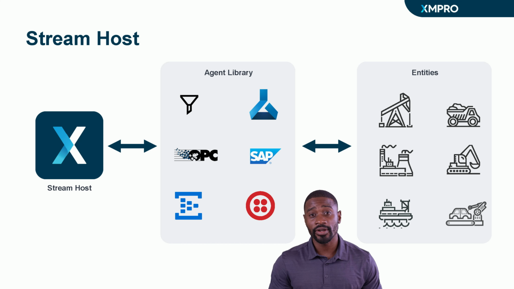For localized operations, stream hosts can be deployed as close to assets as required, ensuring real-time data processing right where it's needed. Stream hosts run the data streams designed in the Data Stream Designer, executing the logic and processes you have configured. They enable the agent library to communicate with various entities, including assets, line of business applications, and other systems. Let's jump into an example to consider the scalability of stream hosts.